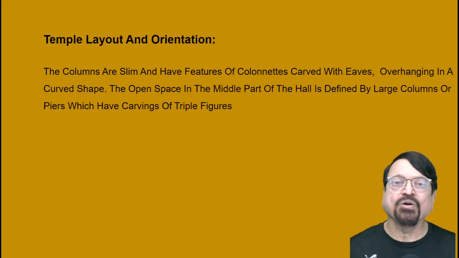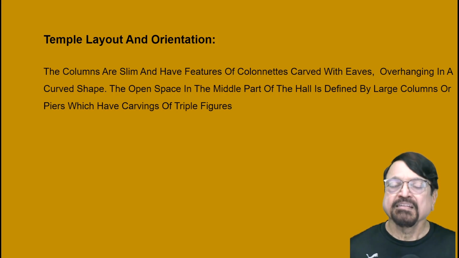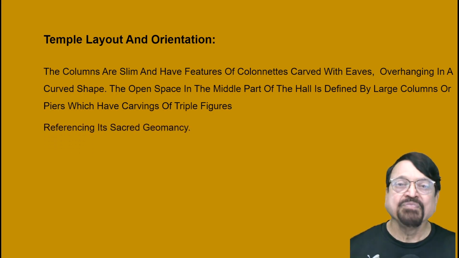So this is a description of the hall. The open space in the middle part of the hall is defined by a large column of pillars which have carvings and multiple design figures referring to sacred geometry.